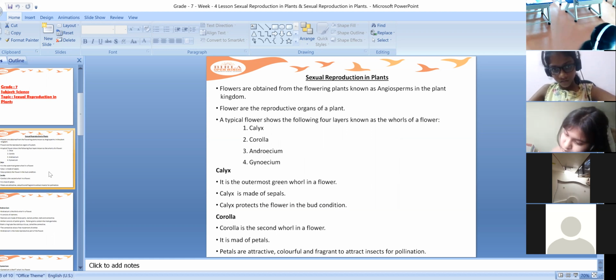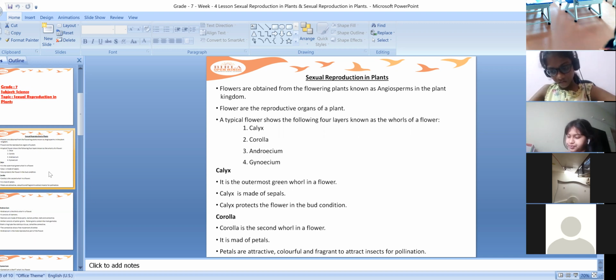The outermost green layer, when the flower is in the form of a bud, protects the flower before it is bloomed.